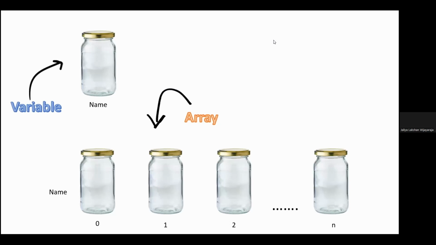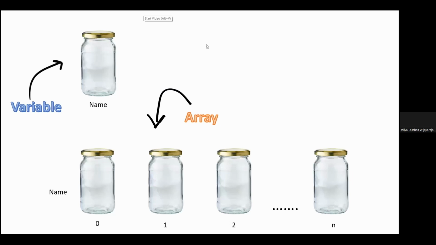If we compare a variable to a single jar, where it has a name and we can put something into it, then we can consider an array as multiple jars in a row. We can give a single name for the entire row, and we can name the independent jar using a number.